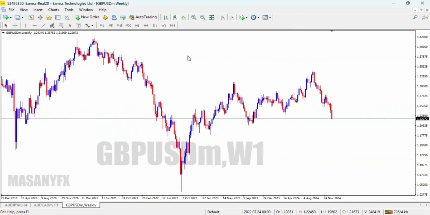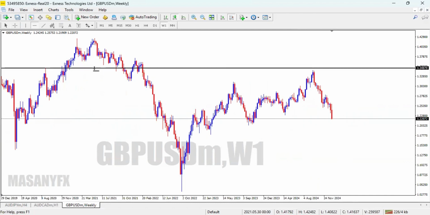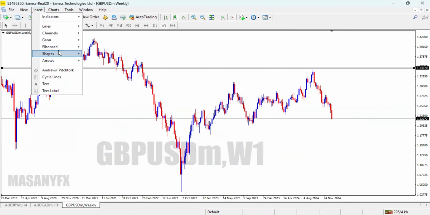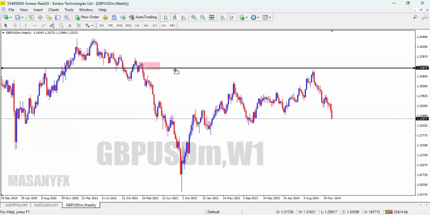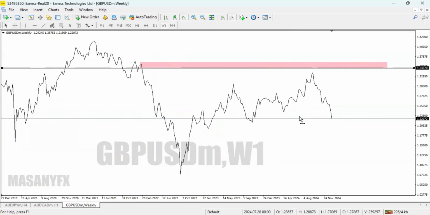Let's see if we have a market structure or not. GBP USD here was a very beautiful zone, but there's nothing here. It didn't touch this zone. GBP USD did not touch this zone.